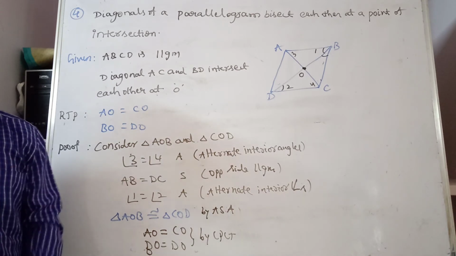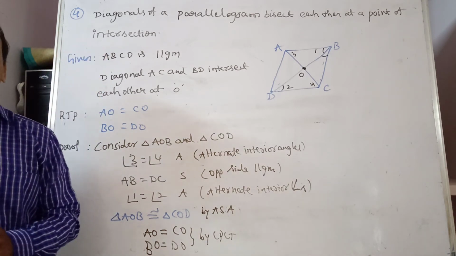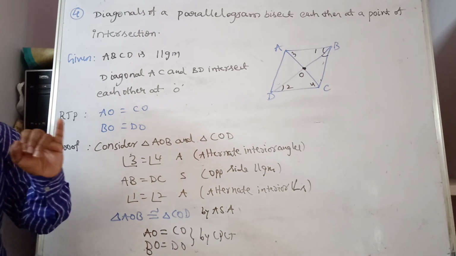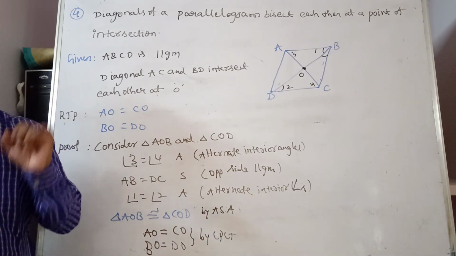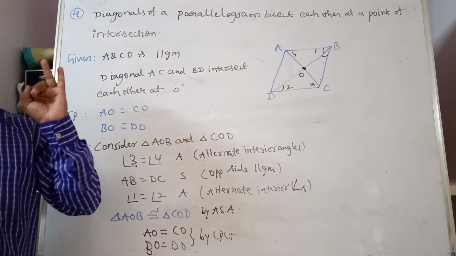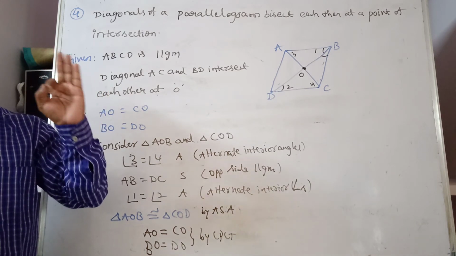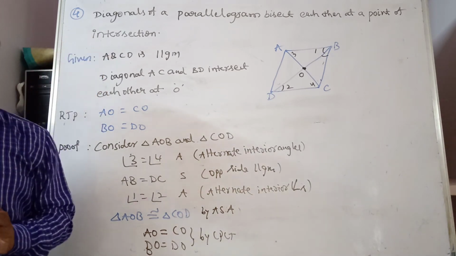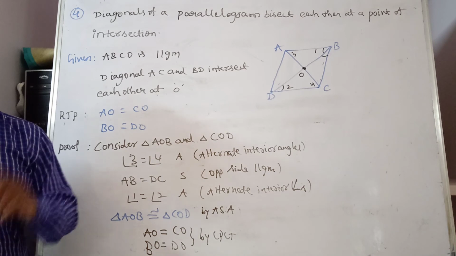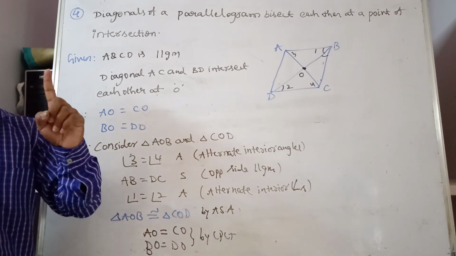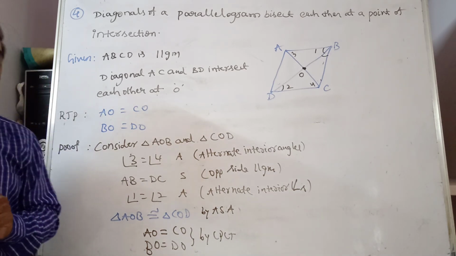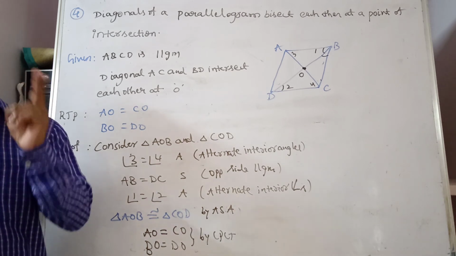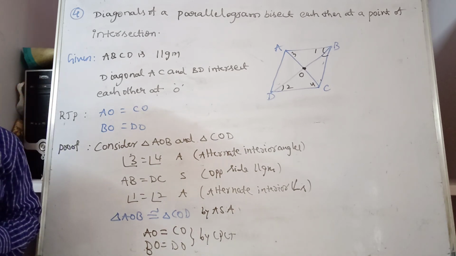So these are the four properties. What have we discussed today? We have discussed what a parallelogram is: a quadrilateral in which pairs of opposite sides are parallel. Property 1: opposite sides of a parallelogram are equal. Property 2: opposite angles of a parallelogram are equal.